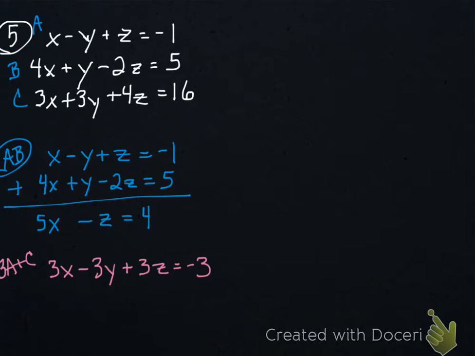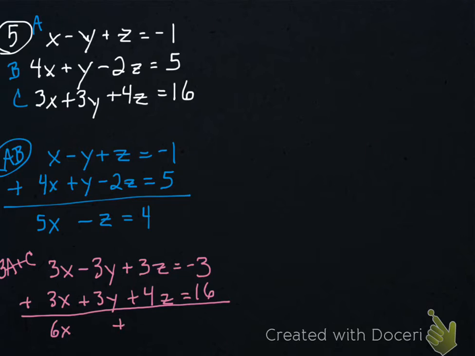Now I just write equation C down. 3x plus 3y plus 4z equals 16. Now we can add those two together. The y's will cancel. I have 6x plus 7z equals 13.